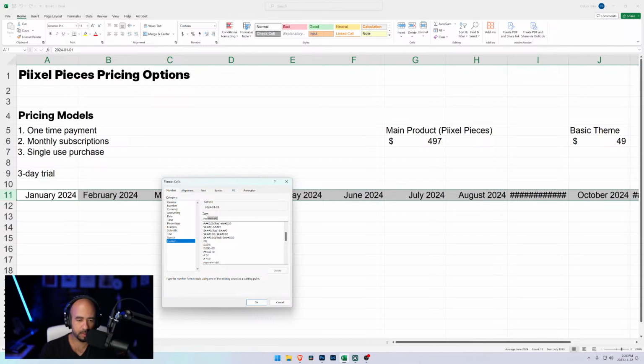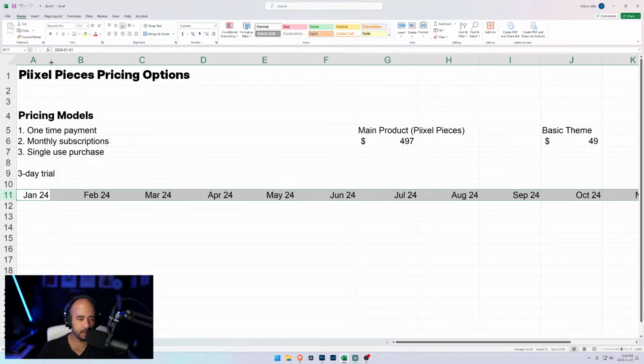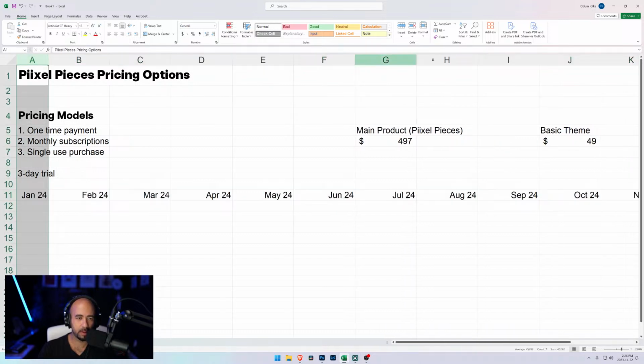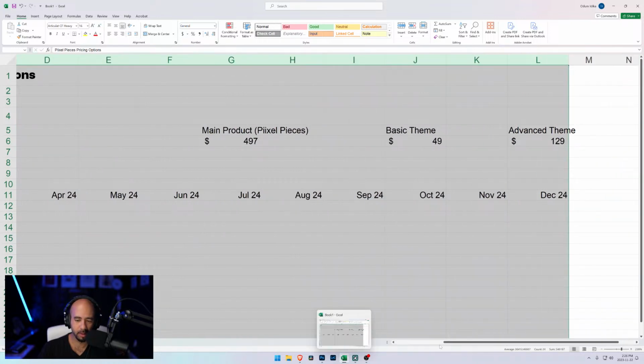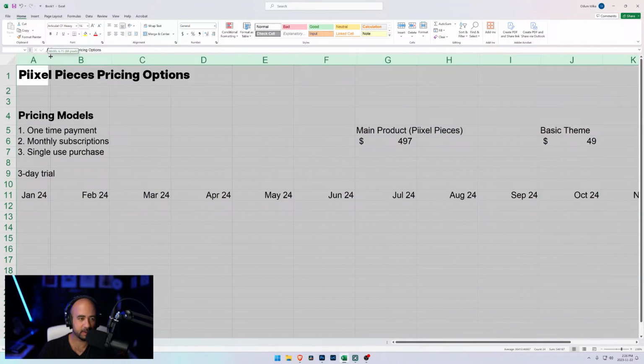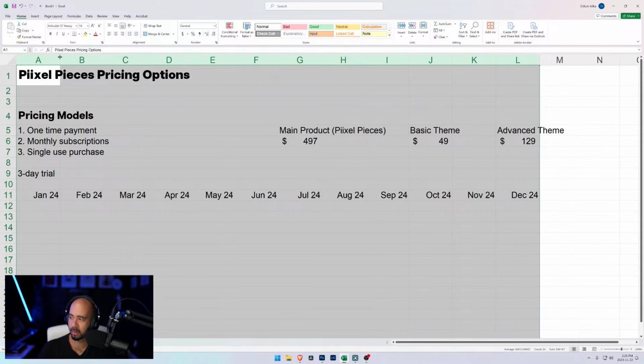So, and actually, month. 24. There we go. That's what we'll do. There. Oh, I gotta select all the columns. Oh, it's been a while since I've done any Excel stuff. So don't laugh at my poor Excel skills.